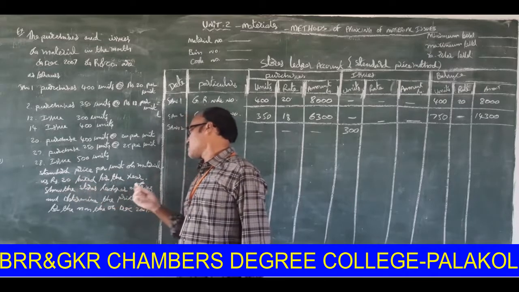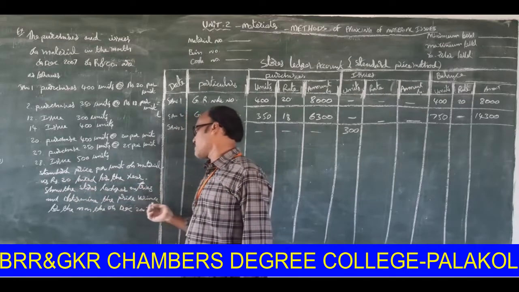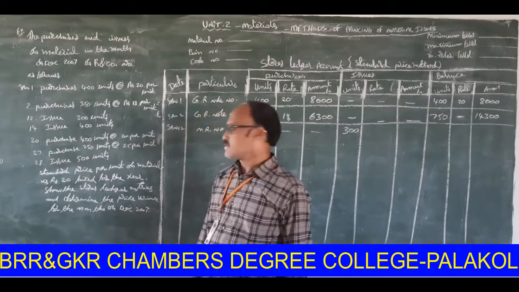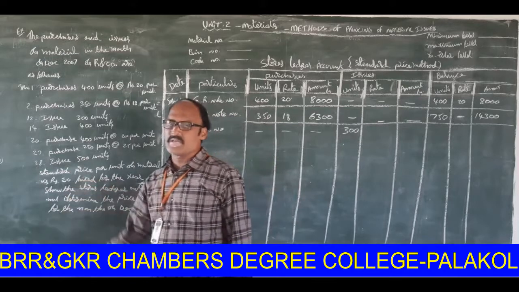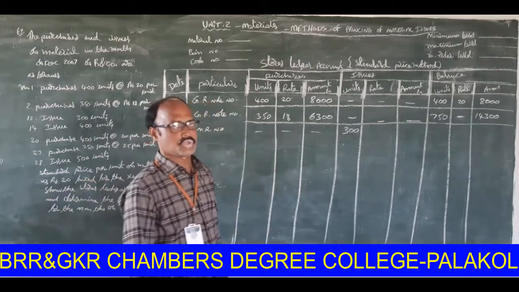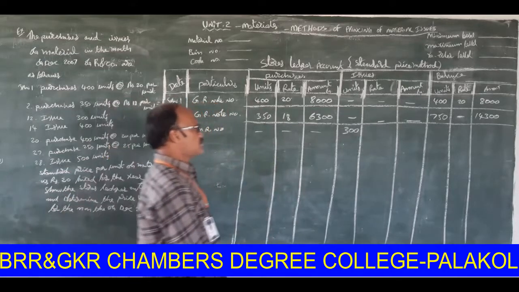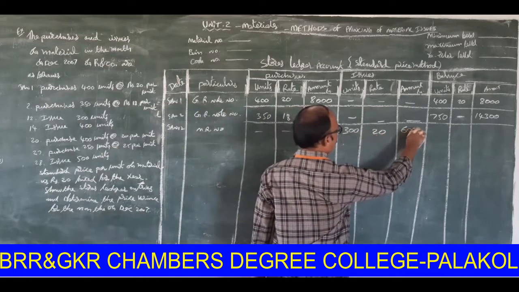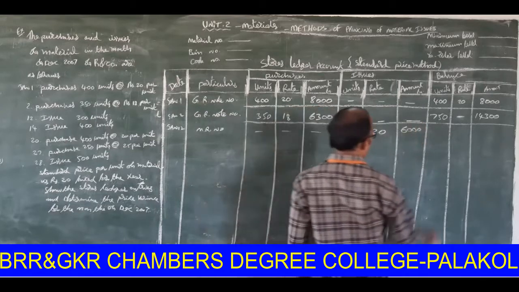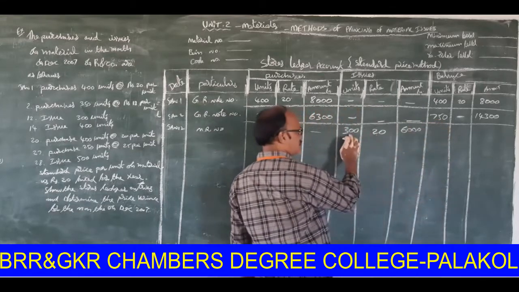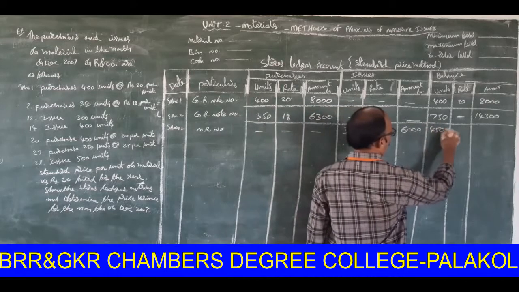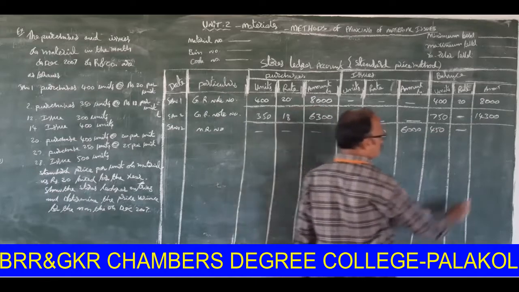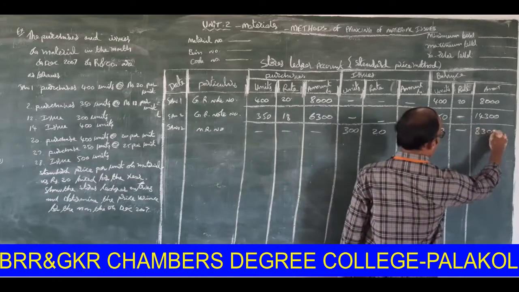So the standard price is to be treated as the issuing price here. What is the standard price? 20. That's why 300 into 20, 6,000. 750 minus 300, 450. 14,300 minus 6,000, that is equal to 8,300.